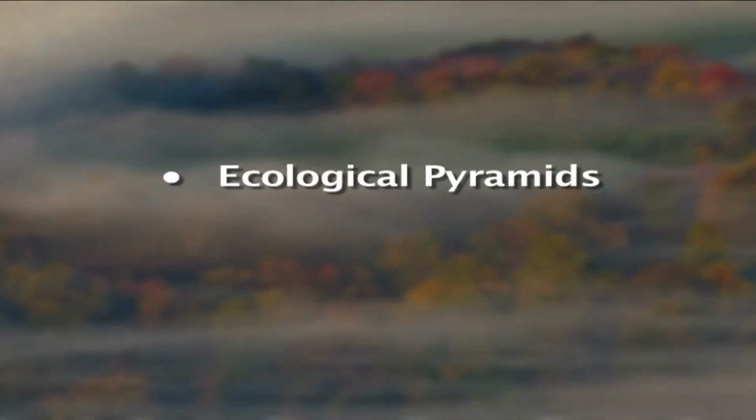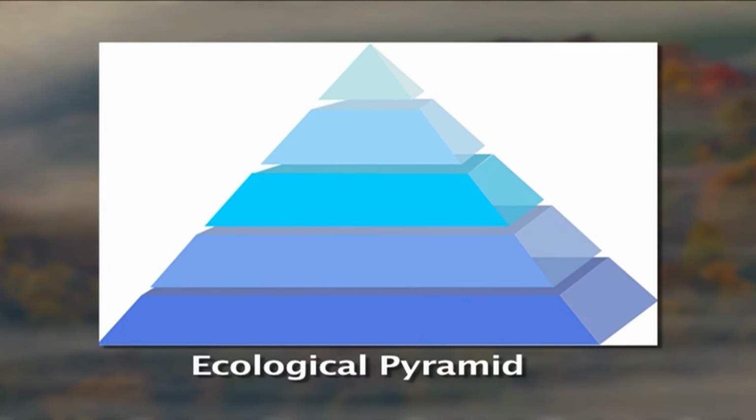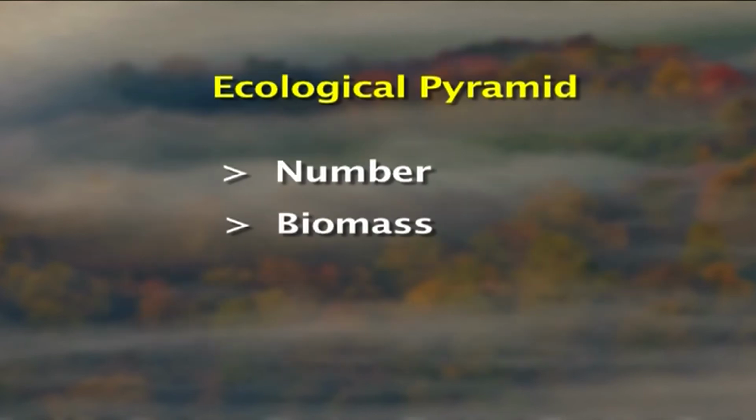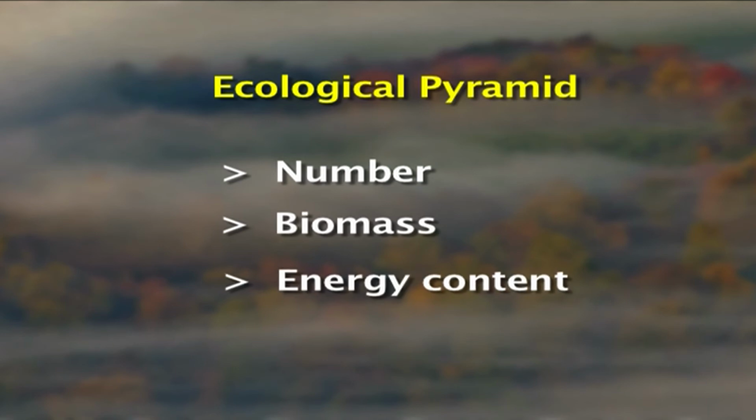Now the last part of this lecture is the ecological pyramids. Ecological pyramids are graphic representation of the relationships among successive trophic levels of a food chain in terms of their number, biomass and energy content.